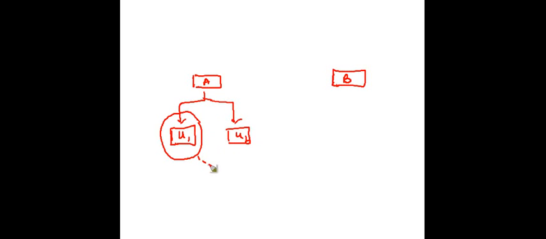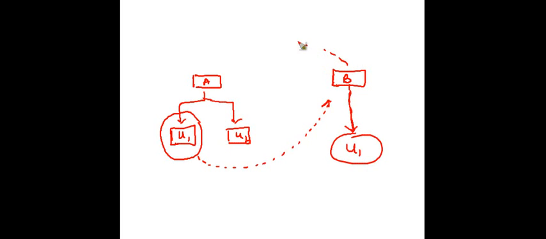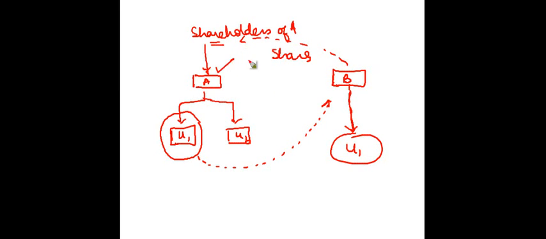So in that case, this unit is transferred from A to B such that unit 1 now becomes a unit of company B. Once it becomes a unit of company B, B will issue shares to the shareholders of A. So effectively, they will continue to remain shareholders of A, and also they will become shareholders of B.